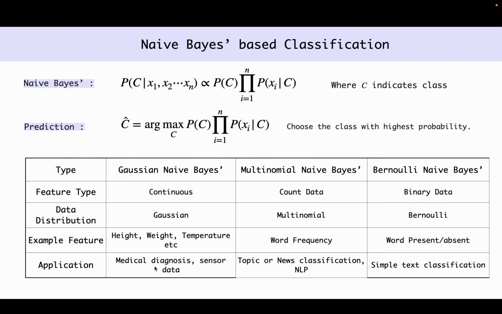Applications are medical diagnosis and sensor data for Gaussian naive Bayes, news classification for multinomial naive Bayes, and simple text classification for Bernoulli naive Bayes.